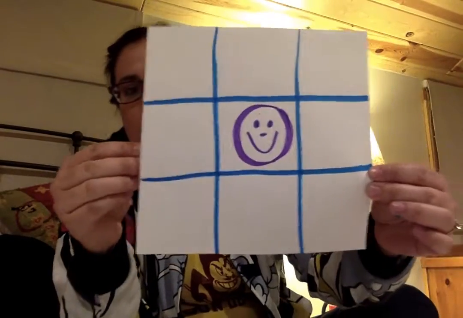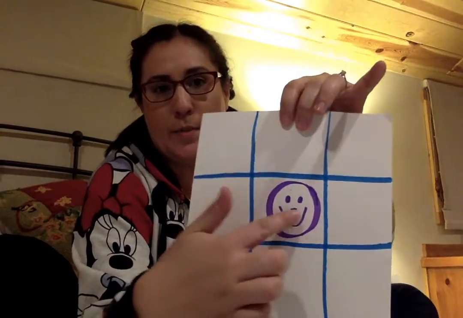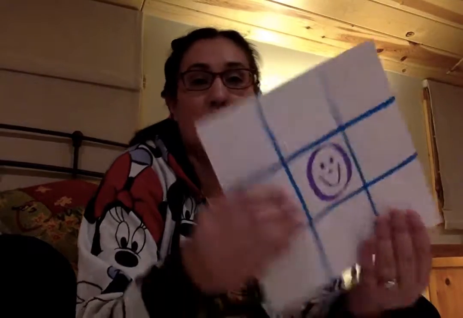They would get a board like this, similar to tic-tac-toe, and there would already be a picture in the middle, because the middle is not one of those prepositional phrases, and we don't want to get into too much difficulty. But if we did need to make it a little bit harder, we could take the happy face off and make the student fill the whole board up.